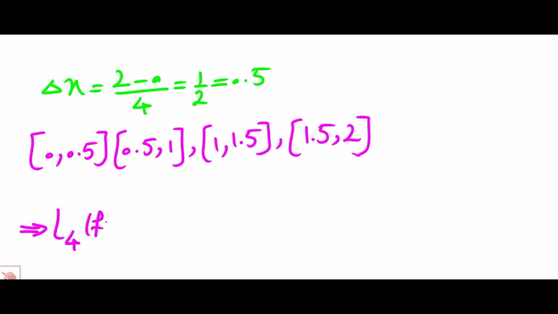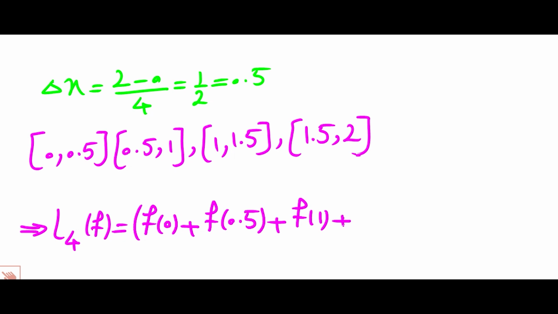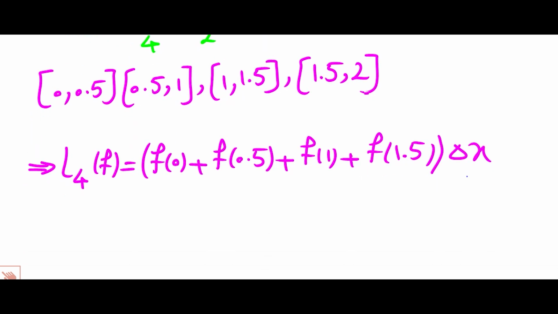So L4 of f equals f of 0 plus f of 0.5 plus f of 1 plus f of 1.5, times delta x. We have f of x equals x squared plus x.